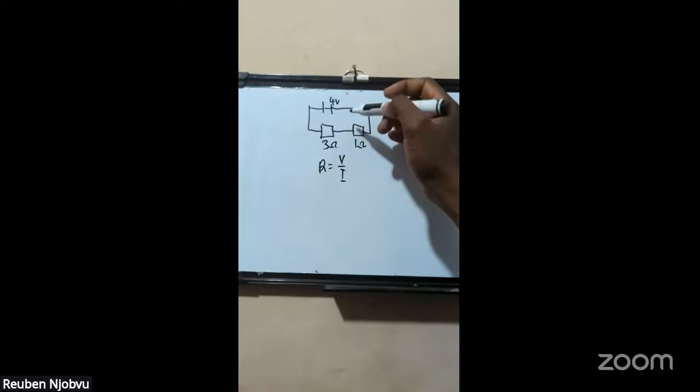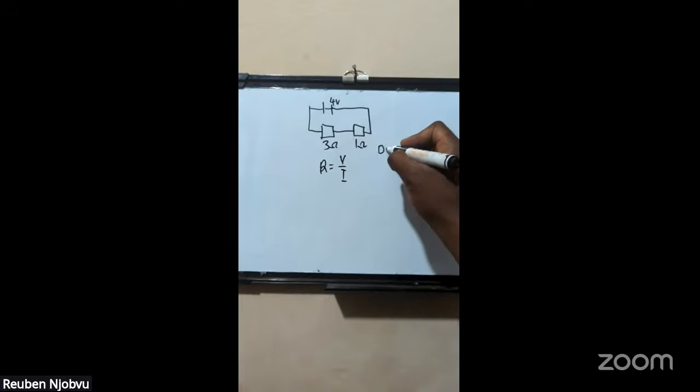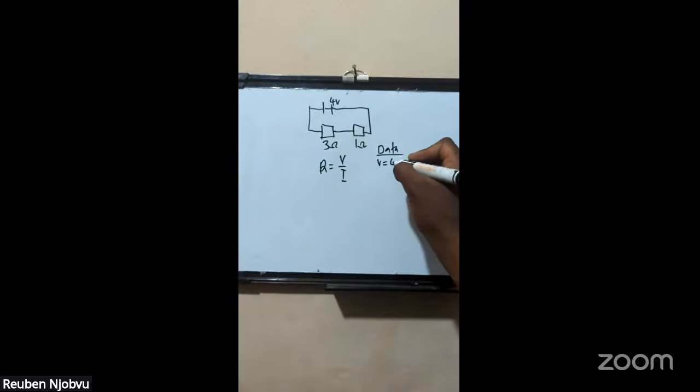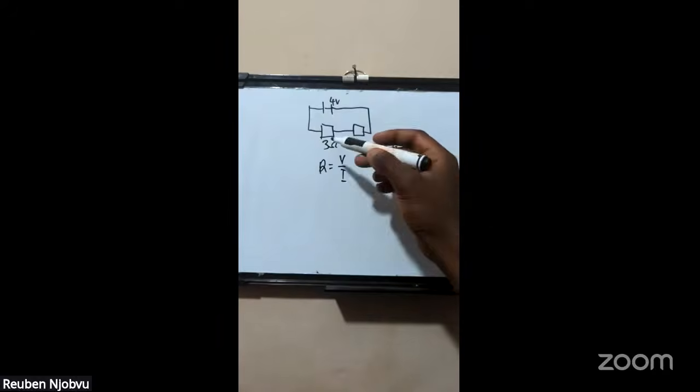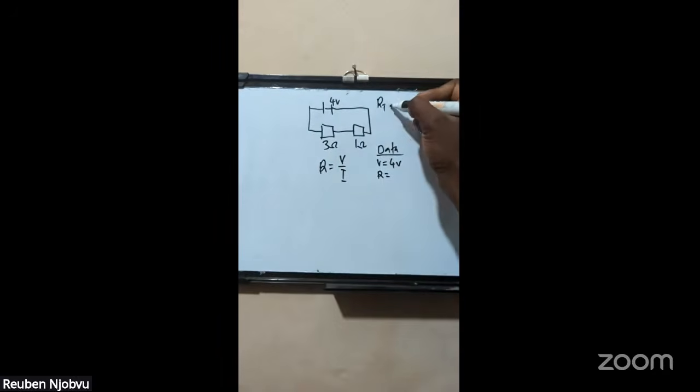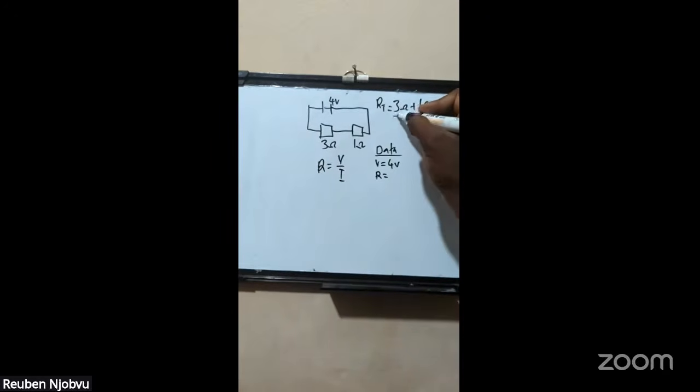You can write your data like this. Your total voltage is 4 volts. The total resistance you don't know, but you can find it. They're in series, so you add: 3 ohms plus 1 ohm, meaning total resistance is 4 ohms.